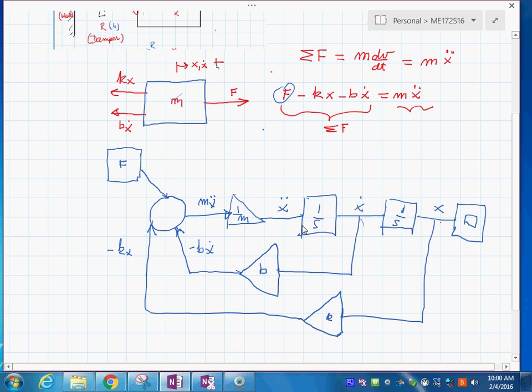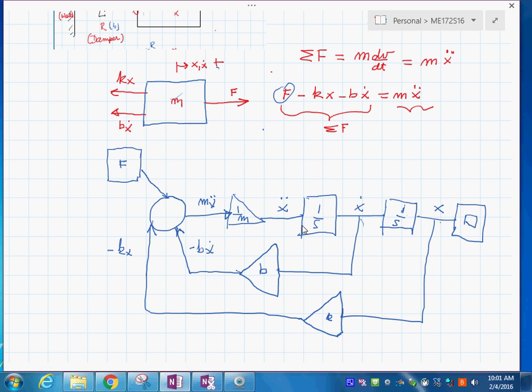Once we have prepared this block diagram, we are able to translate it into the computer. The other approach used a bond graph and put it into the system. Now it's our turn to do this using this approach.